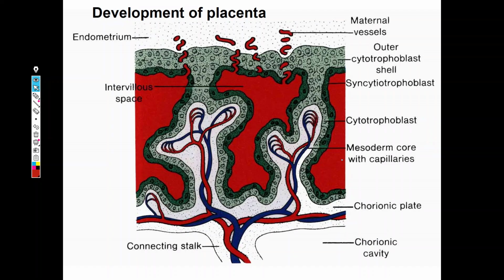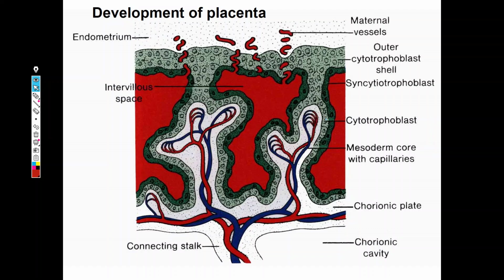So, the placenta develops from the chorion frondosum and the basal decidua, as we said before. Chorion consists of extra-embryonic mesoderm, which also forms the jelly in the umbilical cord. Chorion also consists of trophoblast.